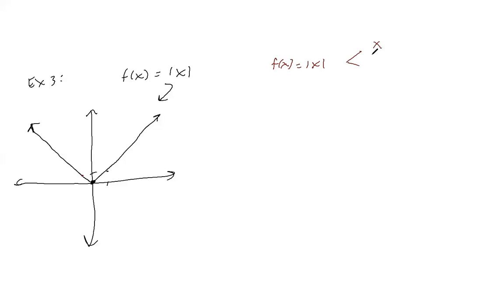Specifically, it's defined as negative x if x happens to be less than 0, and positive x if x is greater than or equal to 0. And so, in other words, if you were to plug in any negative numbers, they'll become positive. If you plug in any positive numbers, they stay positive. And so, finding the derivative of something like this, or the slope of something like this, can be more complicated because you end up having two pieces to deal with.